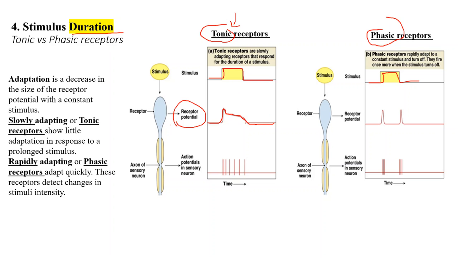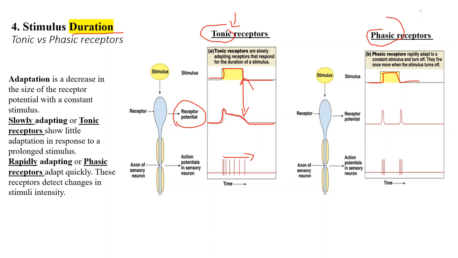You see, it's there. It doesn't go down until the stimulus goes down. And this results in several action potentials, which go on at a pretty much steady frequency for the duration of the stimulus.